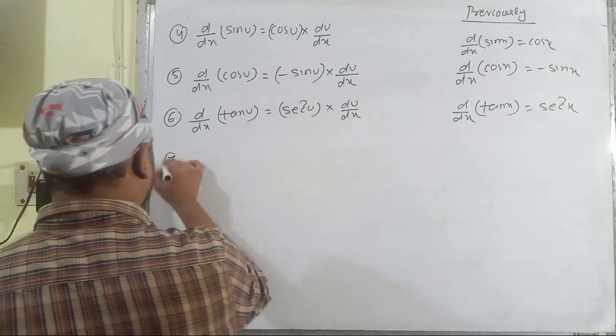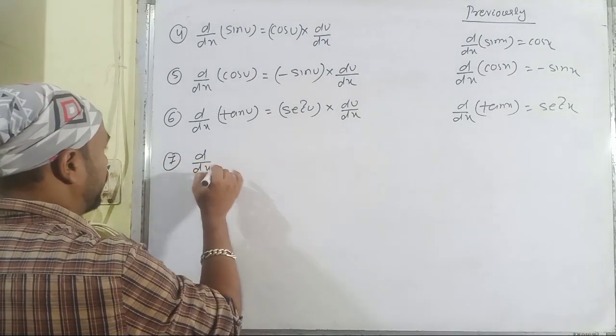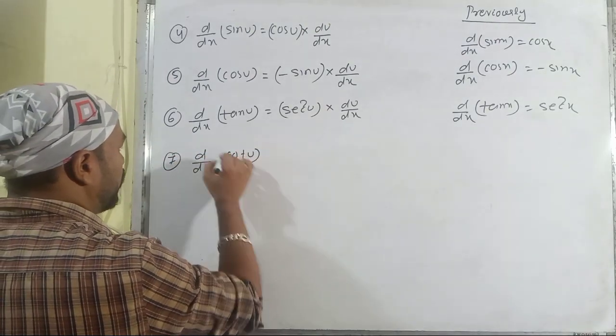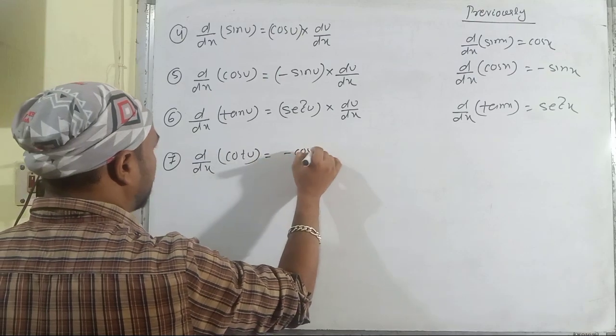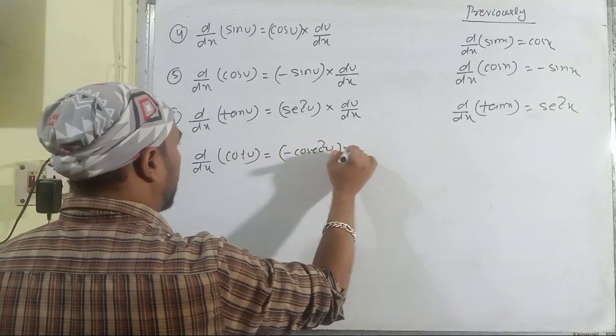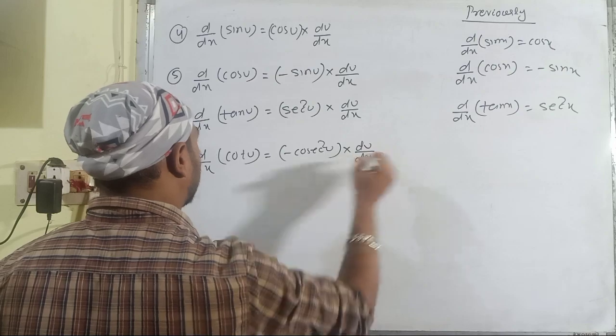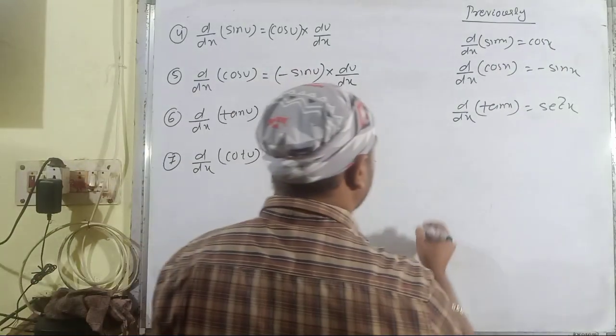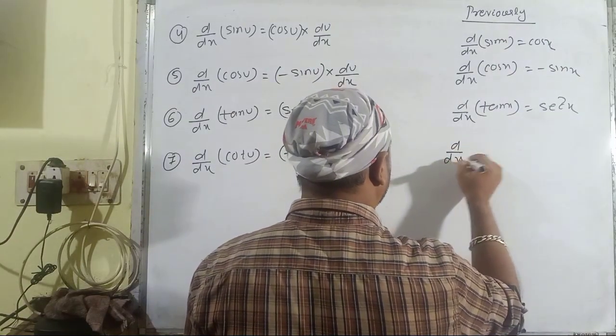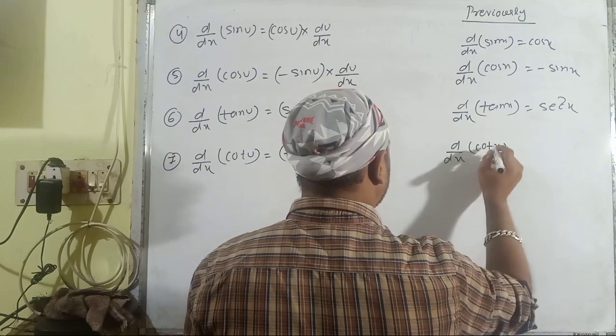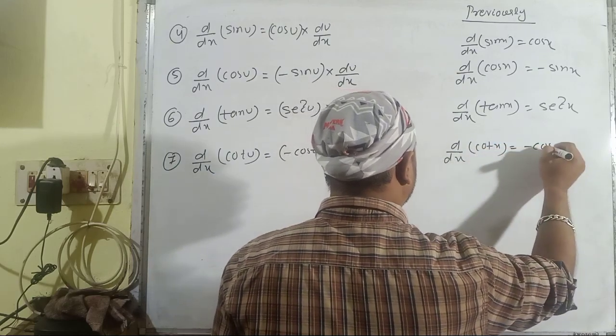Then number 7, differentiation of cot u is minus cosec square u multiplied with the differentiation of u with respect to x. Previously we have gone through differentiation of cot x with respect to x, it is minus cosec square x.